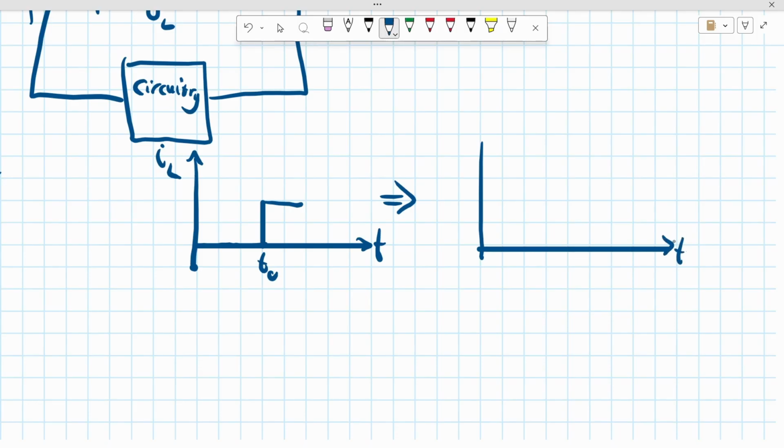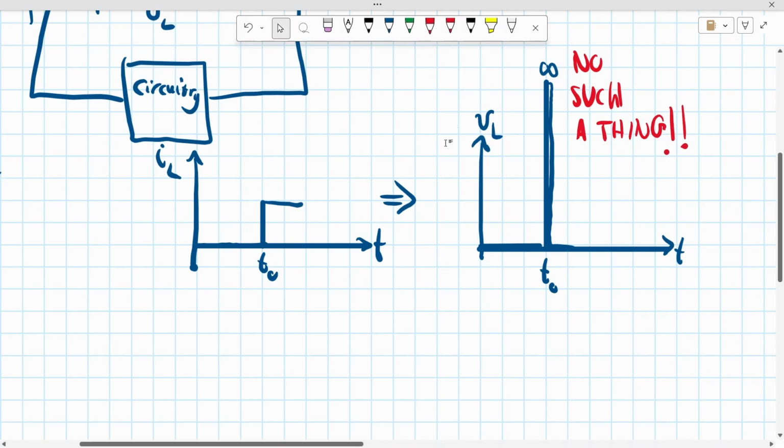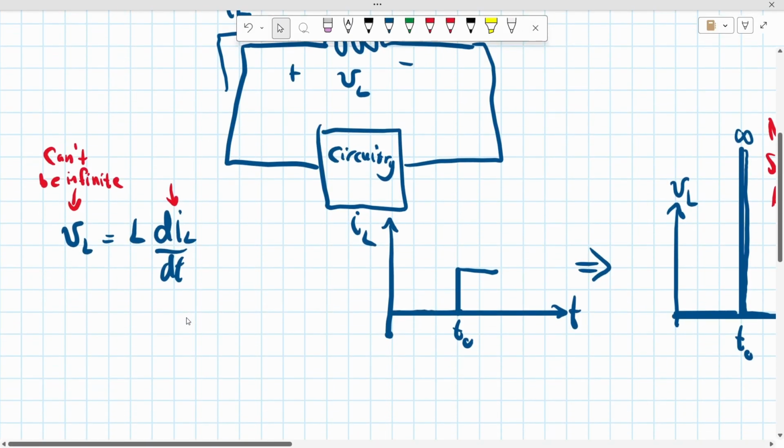The voltage was 0, 0, 0, and suddenly it went really high to infinity and went down again in no time. There is no such thing. This voltage cannot be infinite, which means that this current cannot change suddenly.